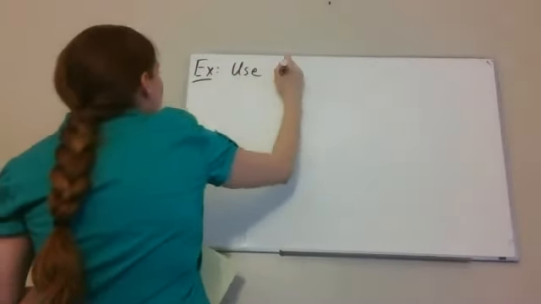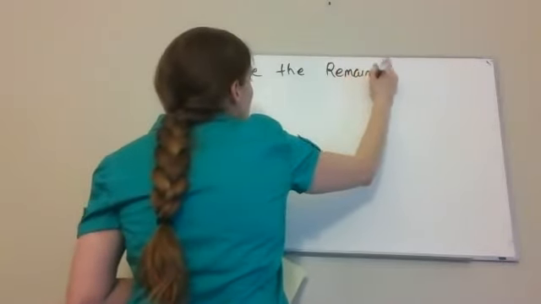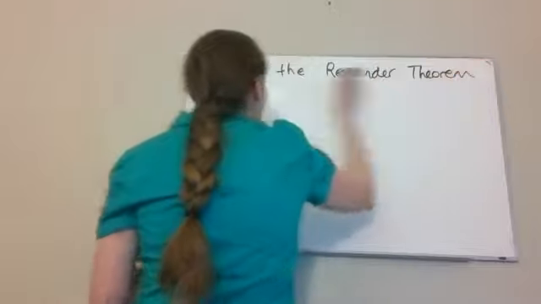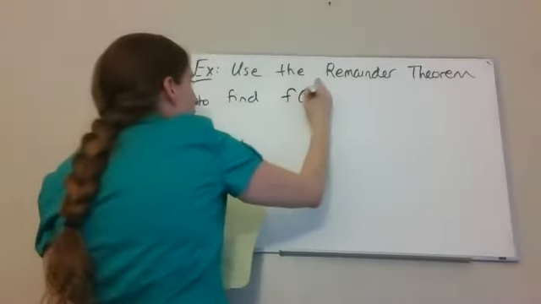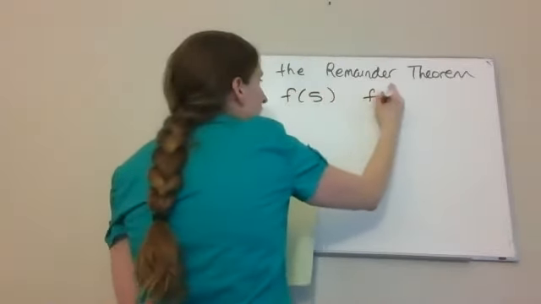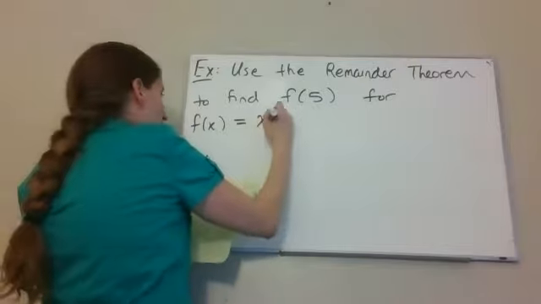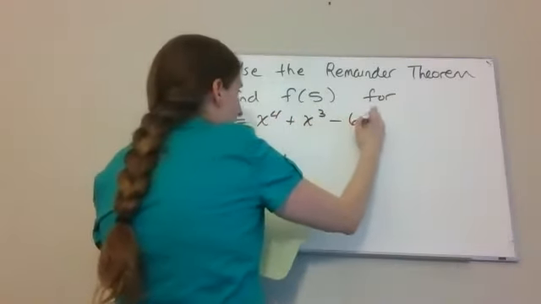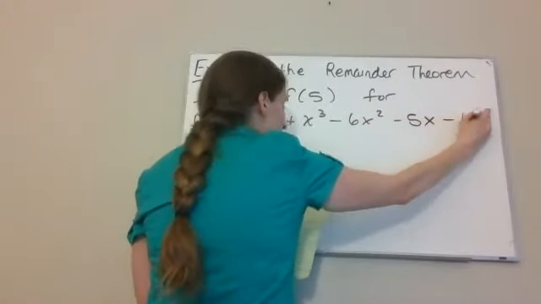Use the remainder theorem to find f of 5 for f of x equals x to the 4th plus x to the 3rd minus 6x squared minus 5x minus 15.